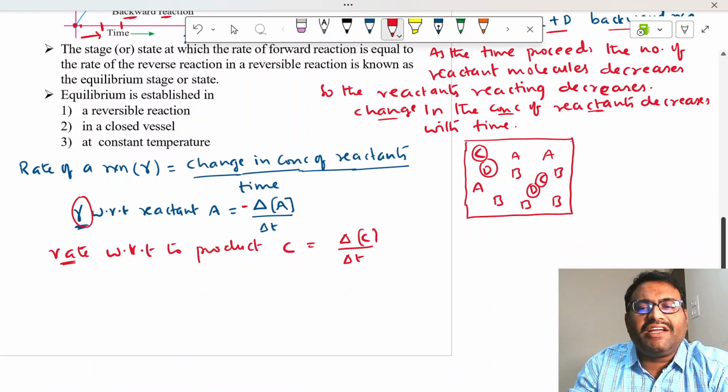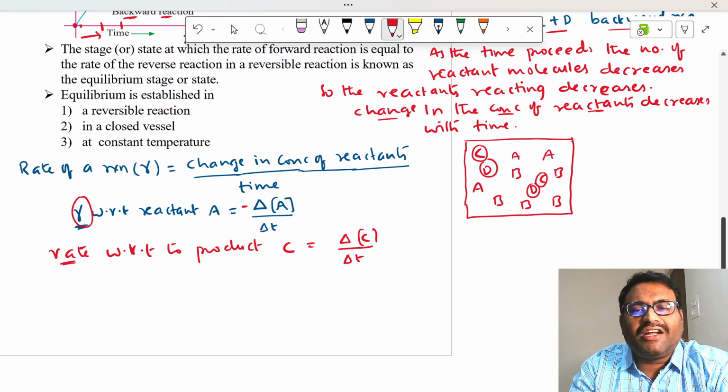As C and D are increasing, A and B are decreasing because A and B are converting into C and D. Okay. So after the formation of a particular amount of C and D, again the C and D will convert into A and B.